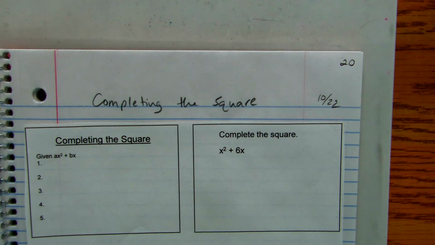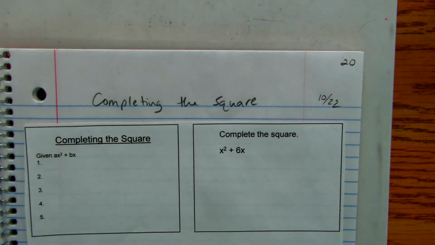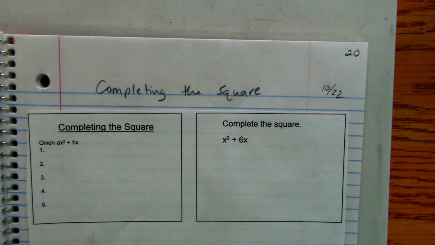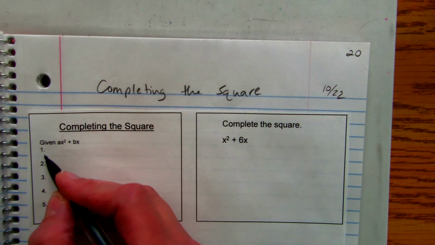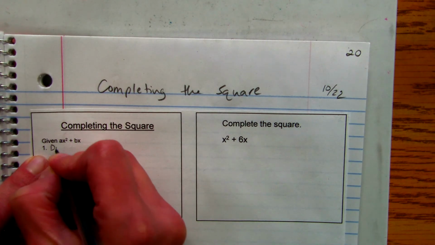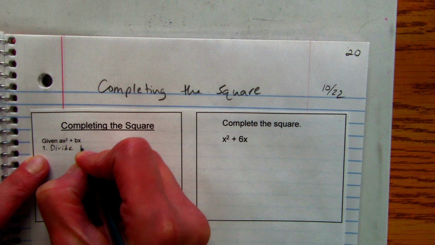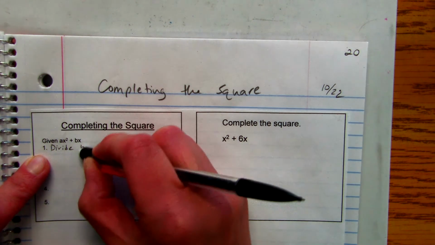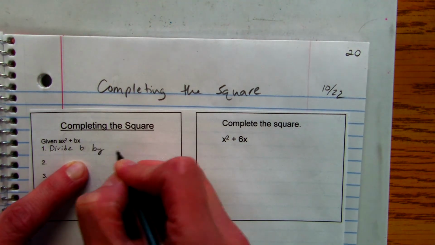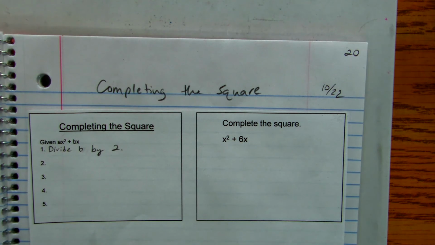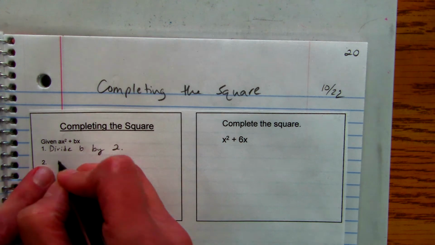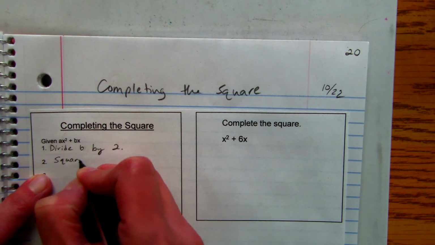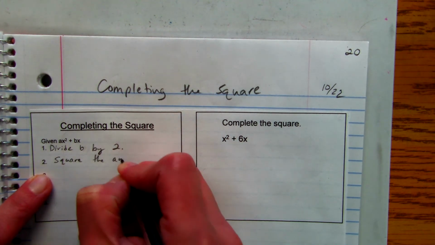Okay, so completing the square. Here's our steps. Given ax squared plus bx, step 1 is to divide b, just b, by 2. Step 2 is to square the answer.